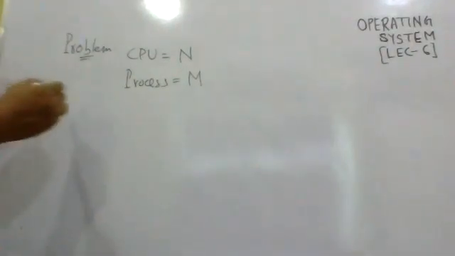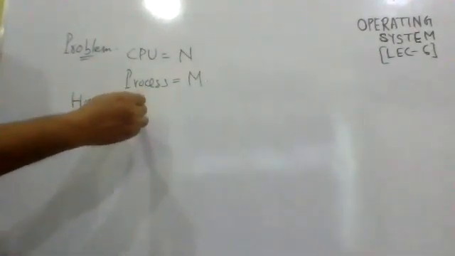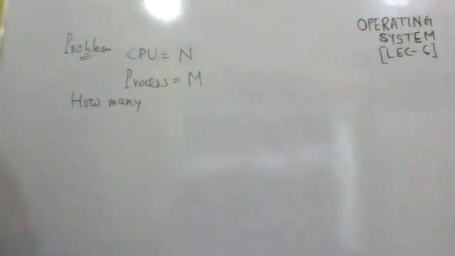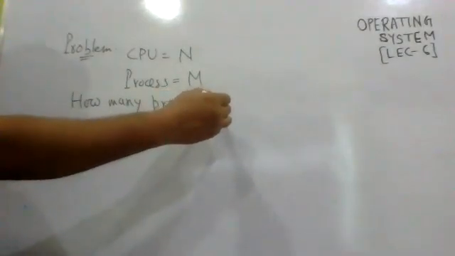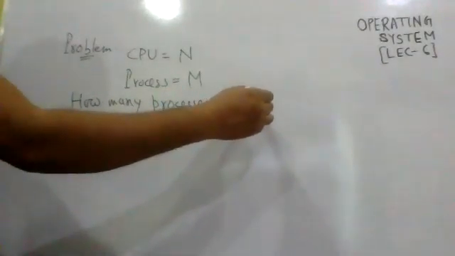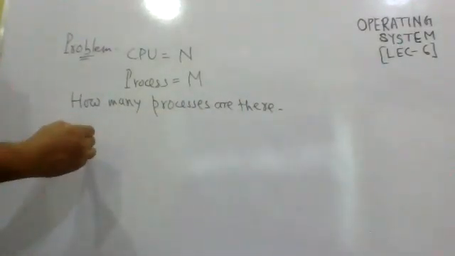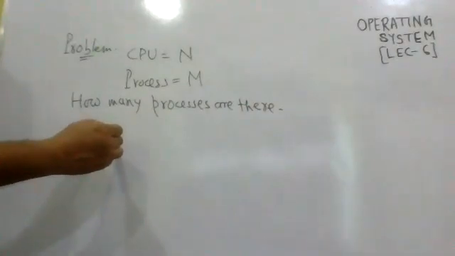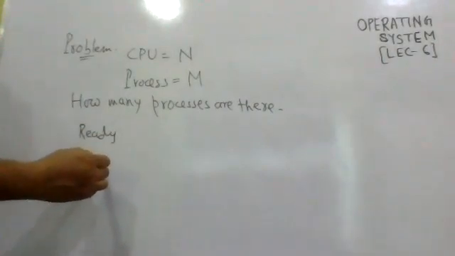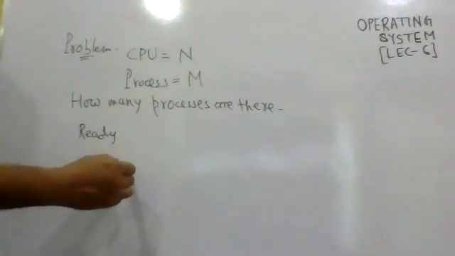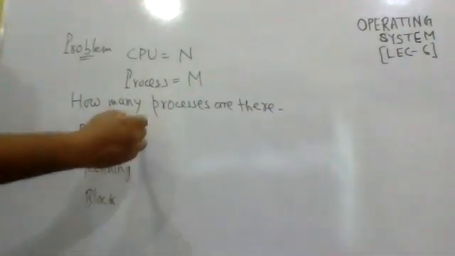The question is how many processes are there in number 1, the ready queue, number 2, running, and number 3, blocked.